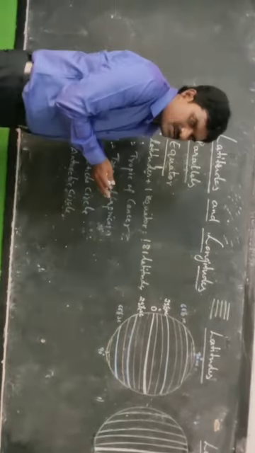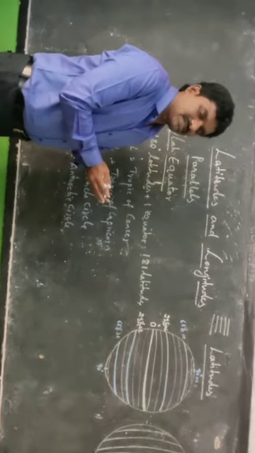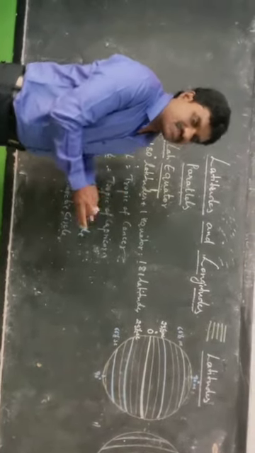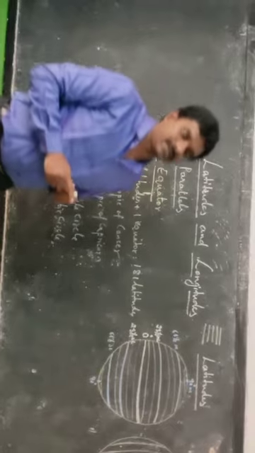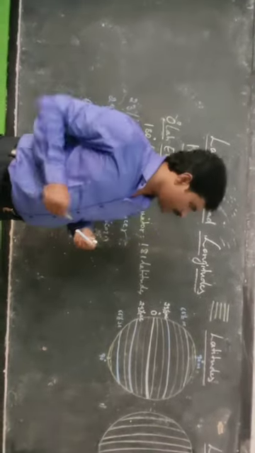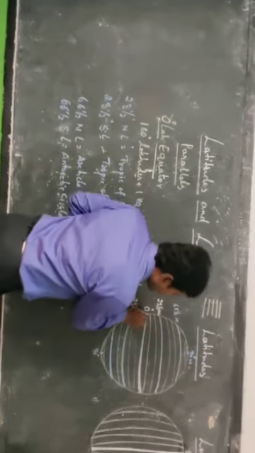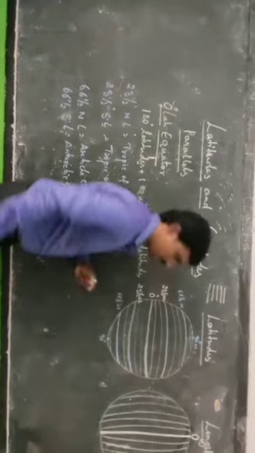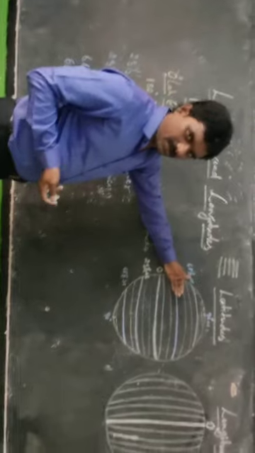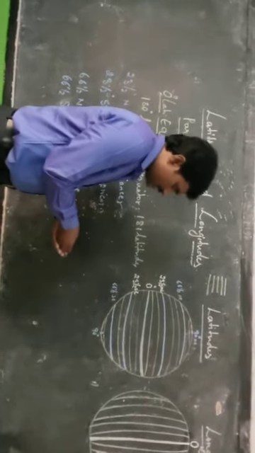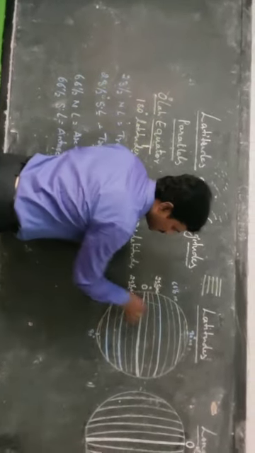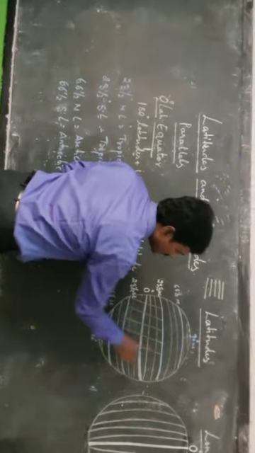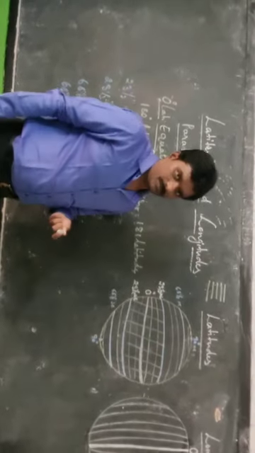So these latitudes are the parallels which are drawn parallel to the equator. Another important point is that from the 0 degree latitude, towards the north and towards the south, this part is called the torrid zone.